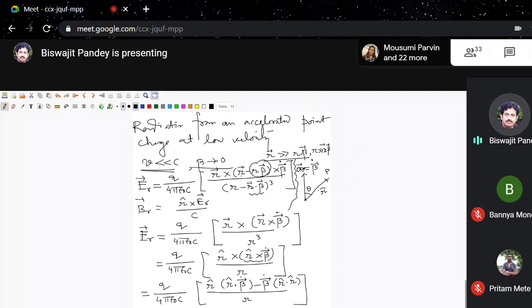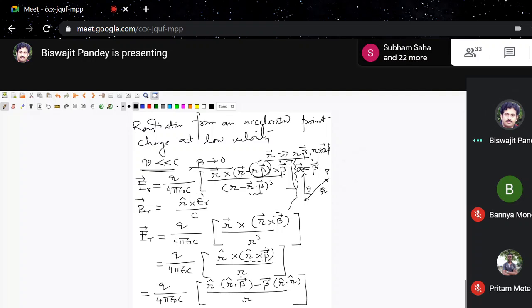So let us now analyze the directions. R cap cross beta, this one. What is R cap? The R cap is pointing towards this direction, and beta dot is along this direction. So R cap cross beta, what will be the direction? R cap and beta dot are in the page. Take a cross product. This is R cap, this is beta dot acceleration. So R cap cross beta dot will be along which direction?